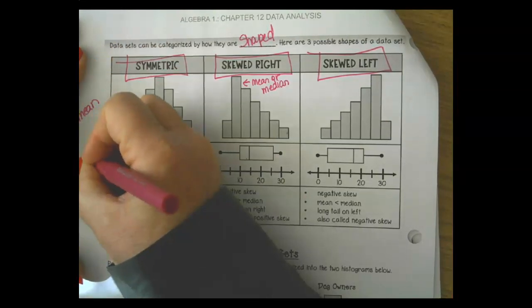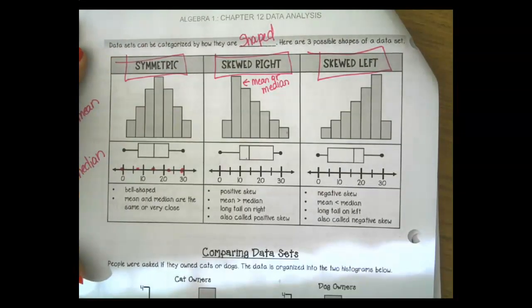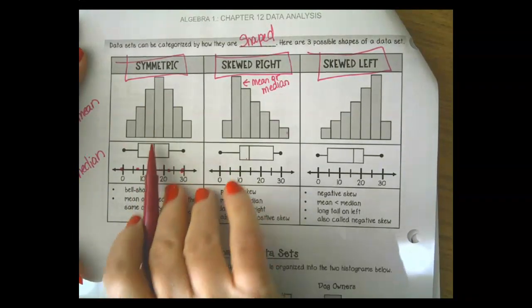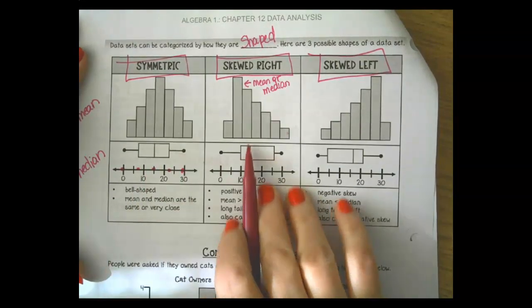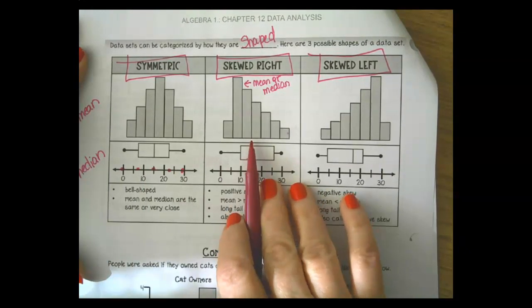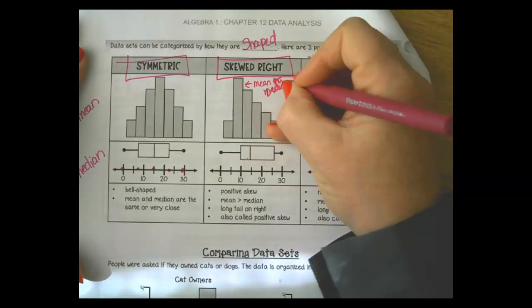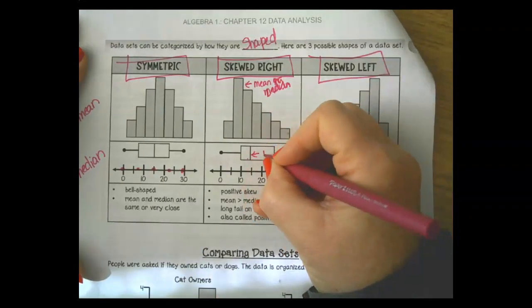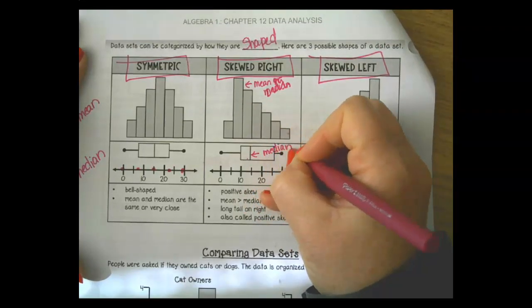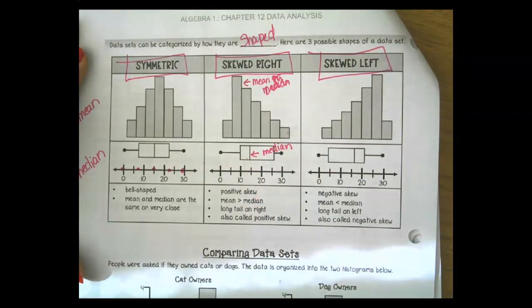You've got to know the histogram shows the mean, and the box plot shows the median. This is my median. The long tail is on the right, also called a positive skew.